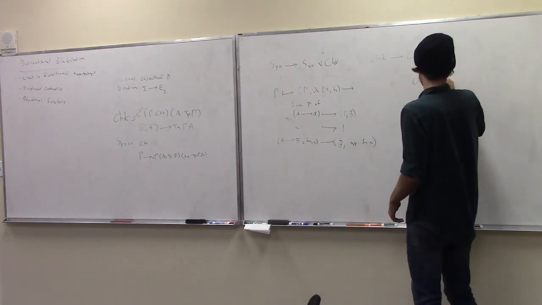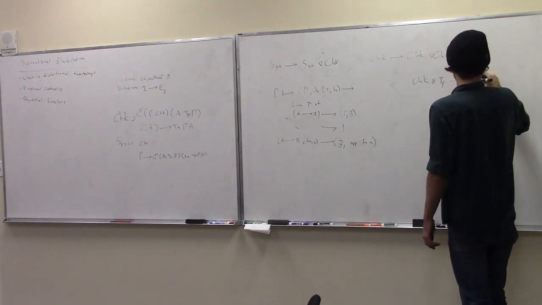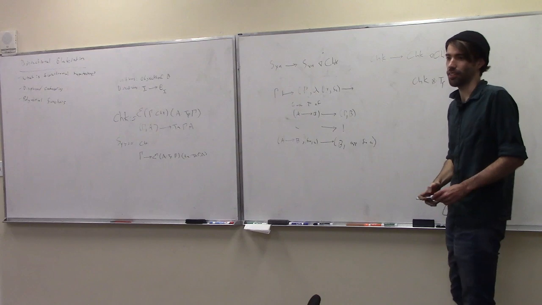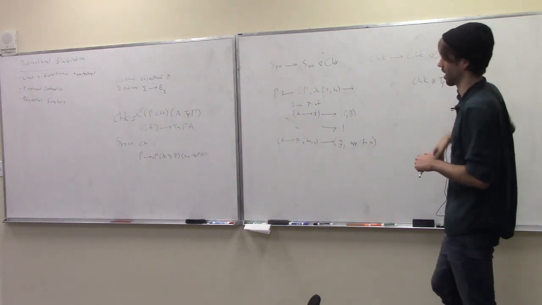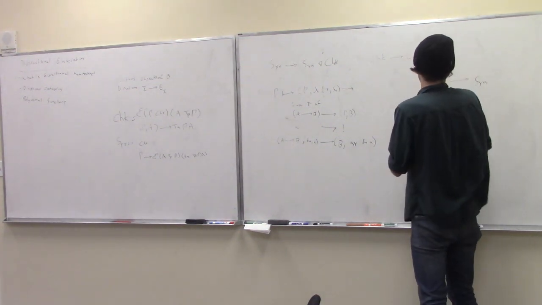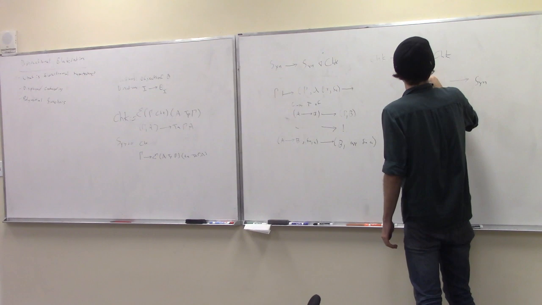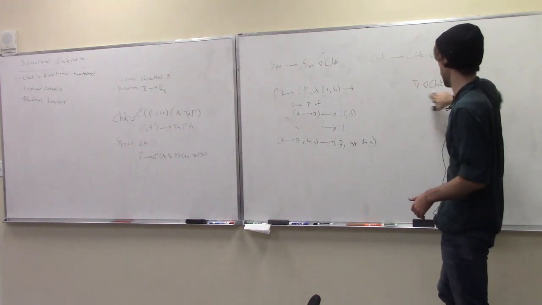You give me check tensor TP, and then I can give you a syn. This will just plumb the type from here to the output. Actually, this would be TP tensor check. No, it's actually TP, this guy, check, because you need to be able to plumb that into there.